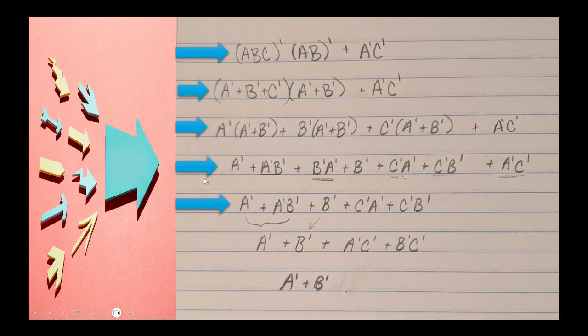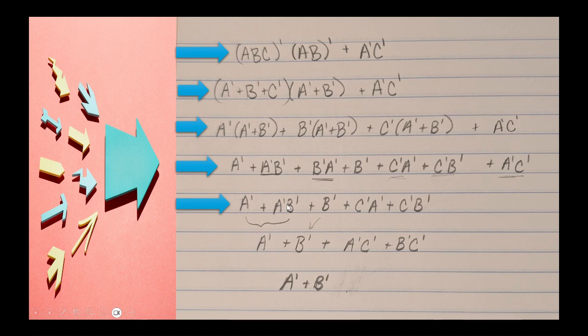And also with this A' and A', when you multiply A' times A', you just get A'. So kind of the same thing happened with the A'B'. Instead of an OR, it's an AND. When you multiply the same term by itself, it's still the same term. And so that's why you see this A' instead of double A' or a double B' here.